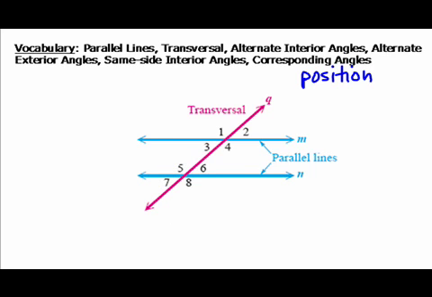Let's pick angle 5. Angle 5 is above the parallel line to the left of the transversal. So what other angle up here is above and to the left of the transversal? Anybody? Angle 1. Those are what we call corresponding angles, and corresponding angles are congruent to one another.